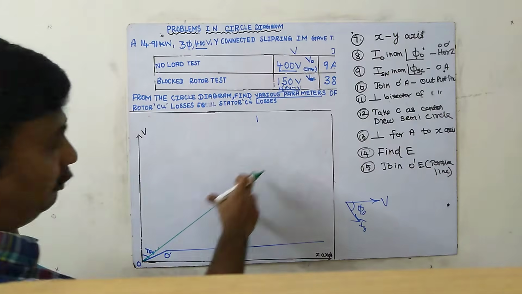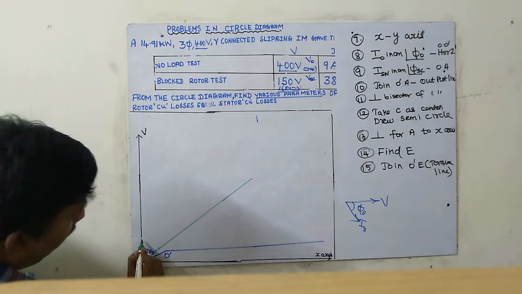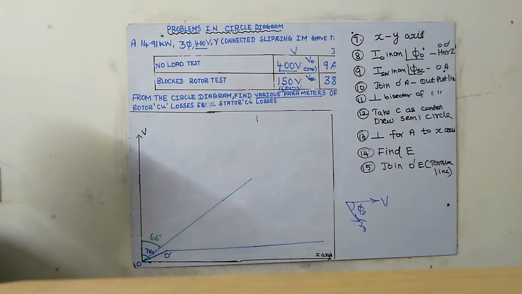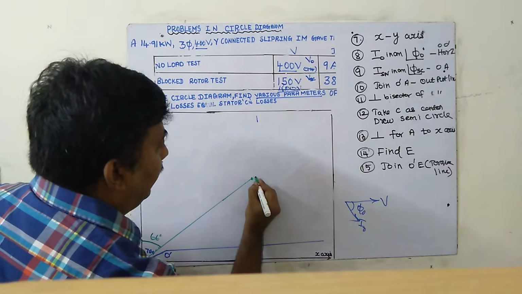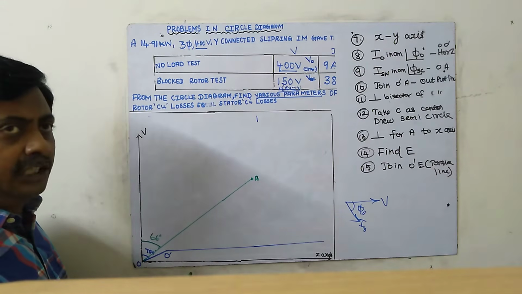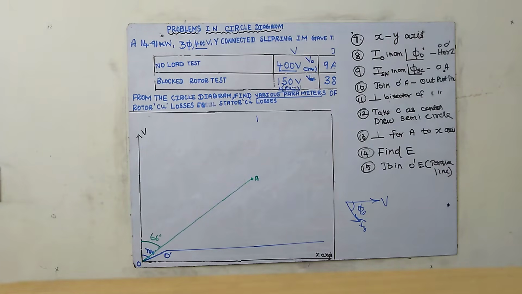This is ISN, the length is 20.26 centimeter, and this angle is 66 degree, that is phi SC or phi SN. This is called point A. Use a light line, if you have a 2HP pencil you can use that. Okay, 1 minute.